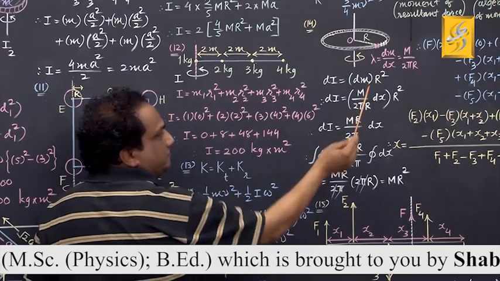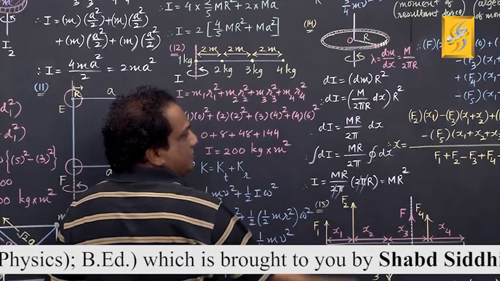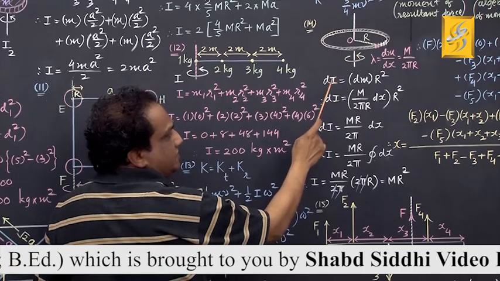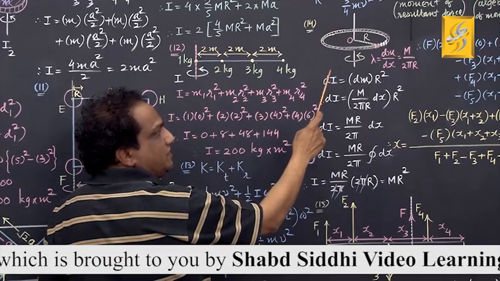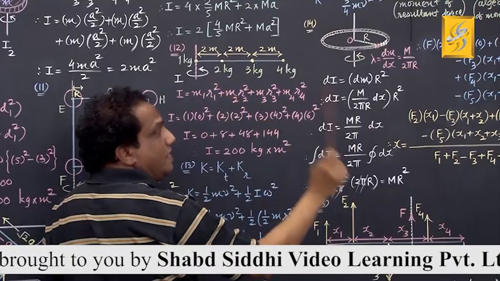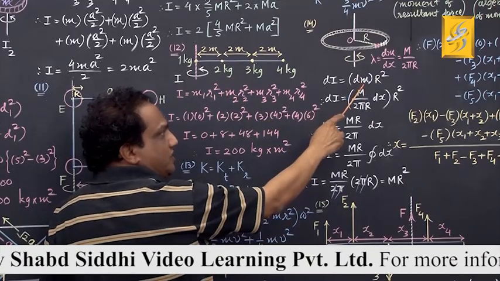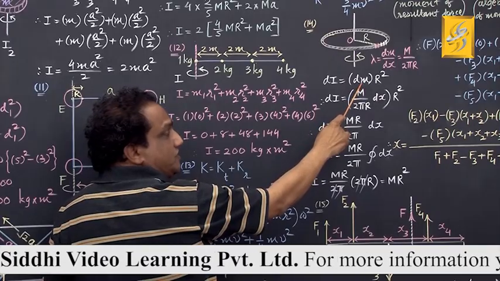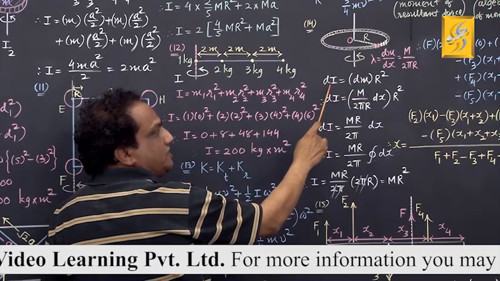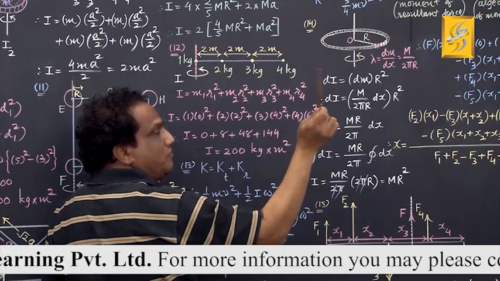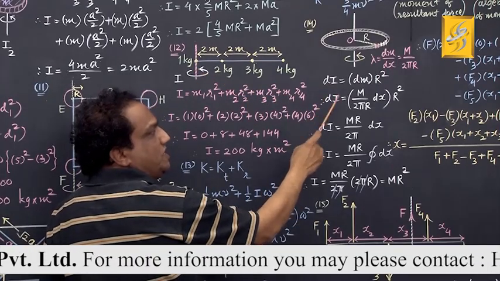Now dI, see, this is not the total moment of inertia, this is part of the total of the ring, because this mass is a fractional mass. This is the partial moment of inertia. We just show it by symbol dI.